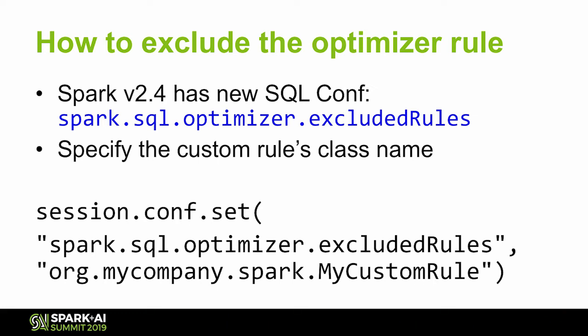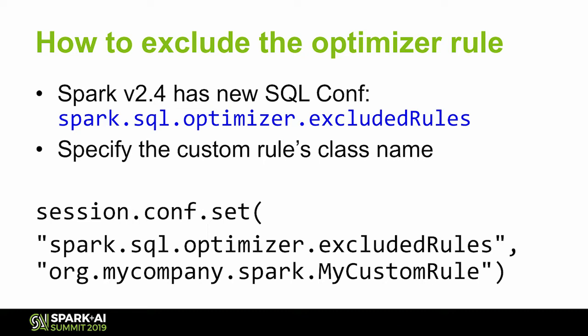So I finished going through all of the different supported customizations using this API. But there are some cases where you might want to exclude an optimizer rule because your new rule is probably in conflict, or maybe you want to replace it. So in that case, Spark 2.4 has this new SQL configuration called spark.sql.optimizer.excludedRules.